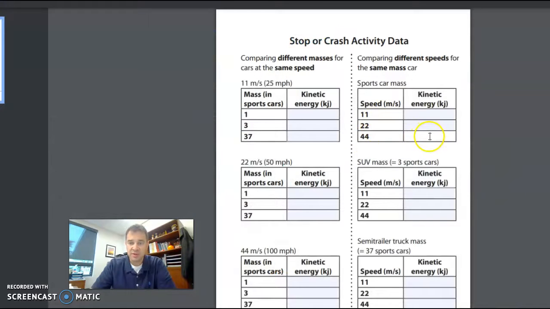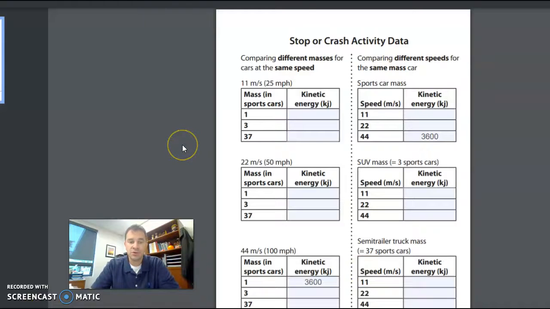So I would write 3,600 right there. And then I would go over here and find where else am I going 44 meters per second? It's this whole section. And I'm talking about the sports car, so I would put 3,600 here as well. That's how we would end up filling this out.